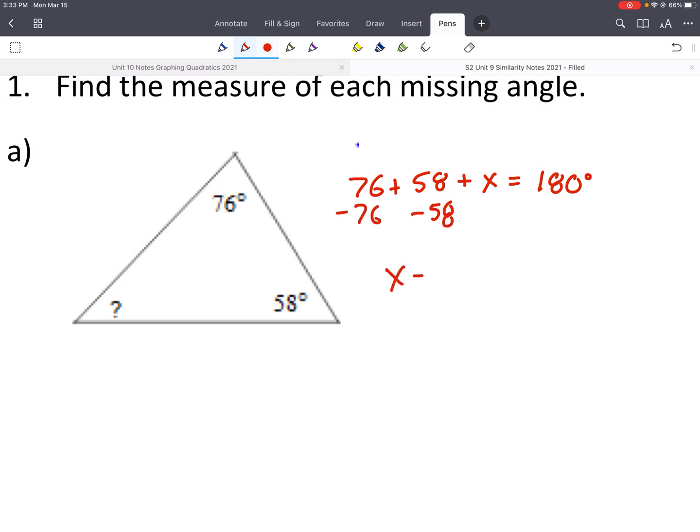So we'd end up getting x is equal to 180 minus 76 minus 58. And we would use our calculator, and I think we end up getting 46. Perfect. Okay, as easy as pie.